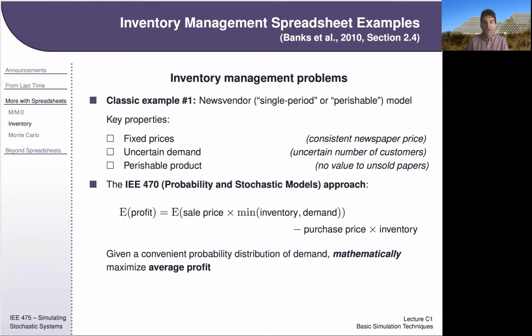And then what we hope is that if we look at this demand distribution, if it's convenient, like let's say it's a normal distribution, then we use a couple of little math tricks and we can actually calculate the expectation over that distribution.